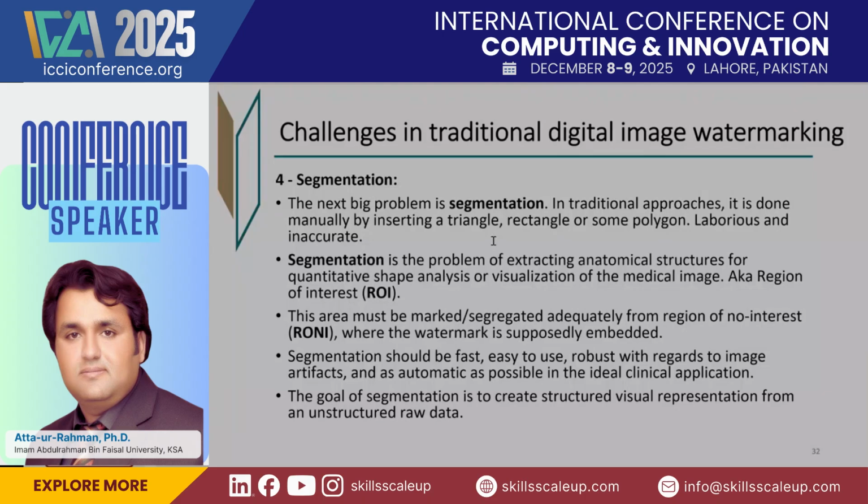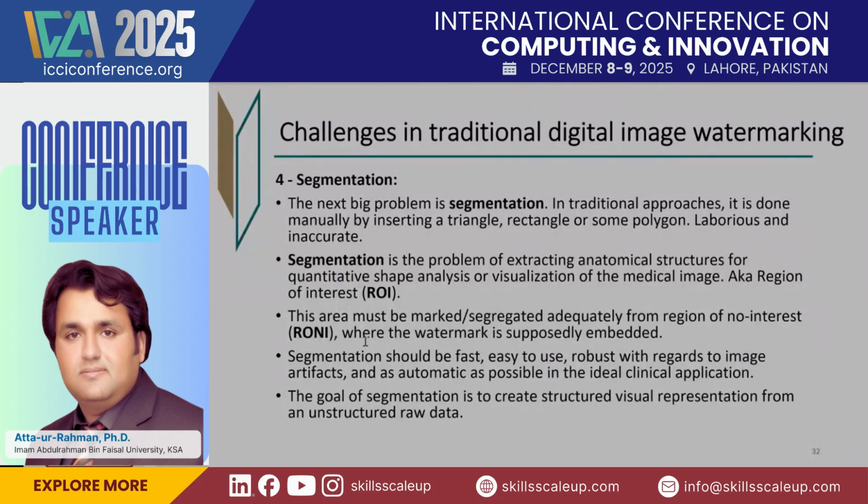So it's a problem of extracting anatomical structure for quantitative shape analysis or visualization of the medical image, also known as the region of interest. This area must be segregated adequately from the region of no interest, where the watermark is supposedly embedded. In the region of interest, there must not be a watermark embedded.